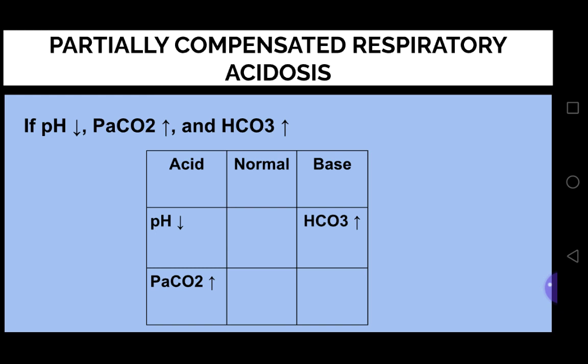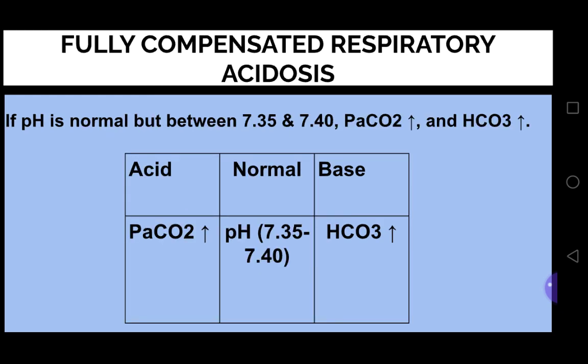And now analyzing fully compensated respiratory acidosis. In this slide, you can see that now pH has become normal, but it is towards the acidic side of the spectrum, between 7.35 to 7.4, and PaCO2 is raised.